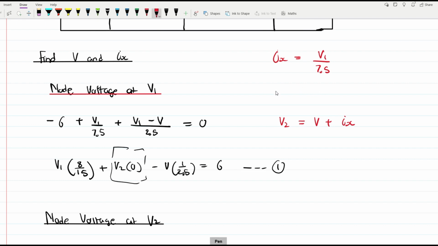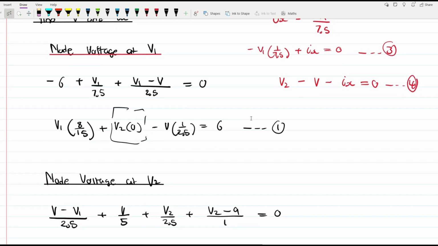I can say minus V1 into 1 over 7.5 plus Ix is equal to 0. And same goes for this one right here. I can take everything to the other side, and then I say that is minus, and all of this is equal to 0.